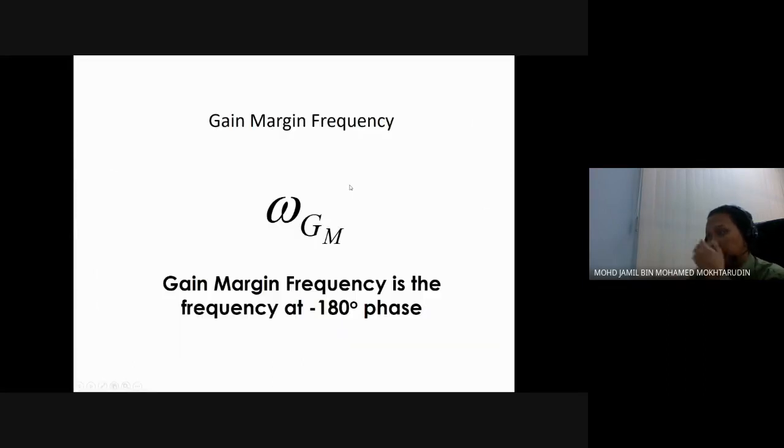Okay, the first thing we need to know about the Bode plot is to find the gain margin frequency. The gain margin frequency is the frequency at 180 degree of phase. You need to remember that the gain margin frequency is the frequency at negative 180 degree phase.